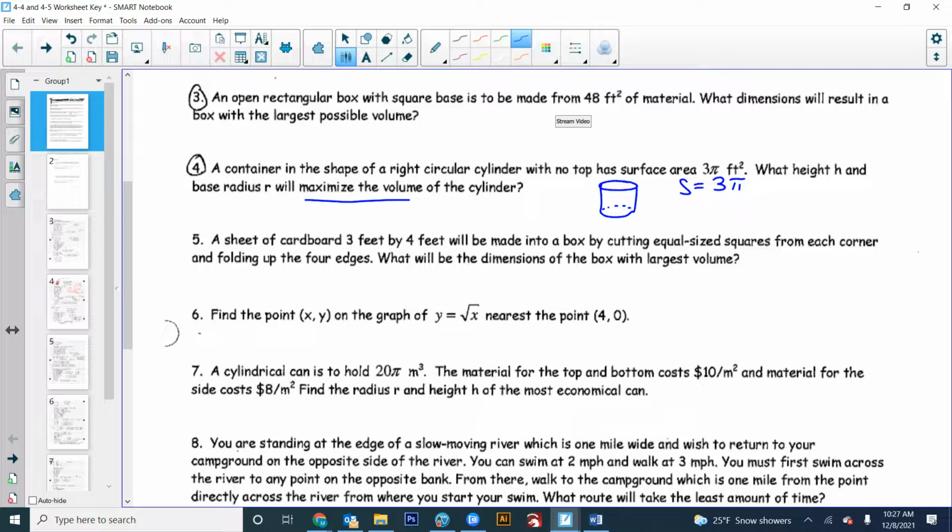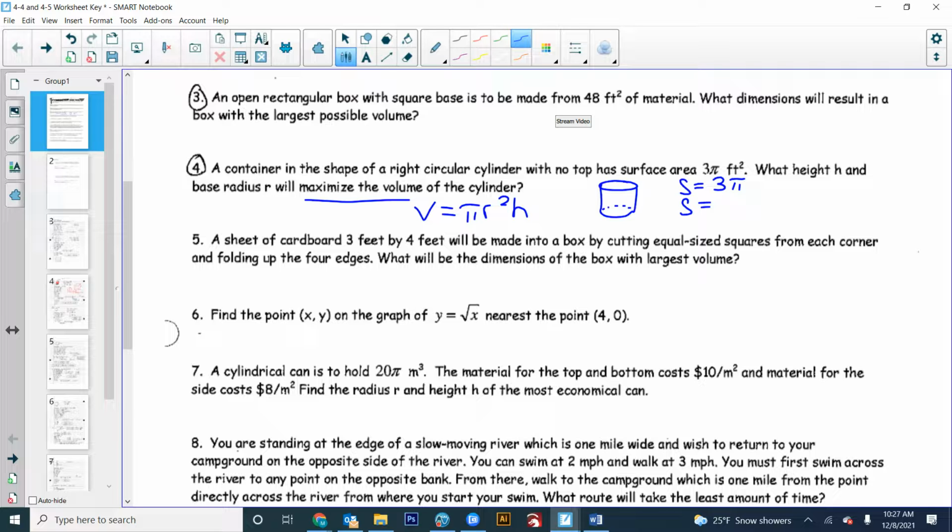Maximize the volume. So my objective, pi r squared h is the volume of a cylinder. Does the volume get affected by no top? No. That's the surface area. Yes. So the surface area equation that we're going to be dealing with, normally we'd have 2 pi r squared, top and bottom, plus 2 pi rh.